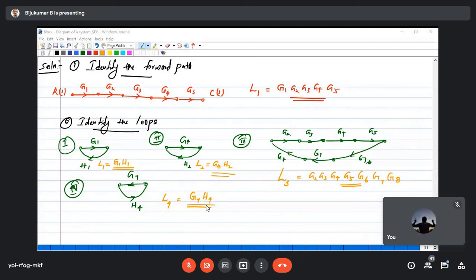L1 is G2 multiplied by H1. One second, I'll check. Yeah, actually this is G2, right? Correct, G2 multiplied by H1.